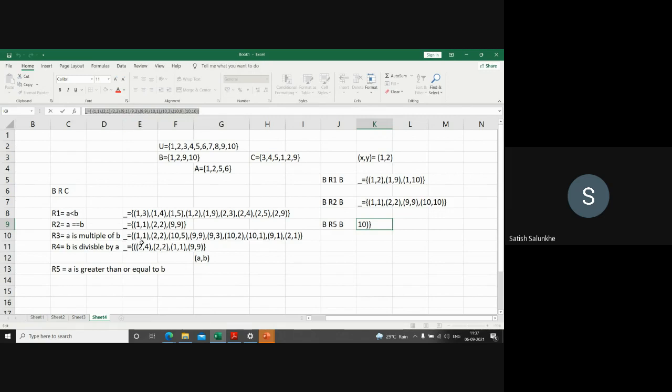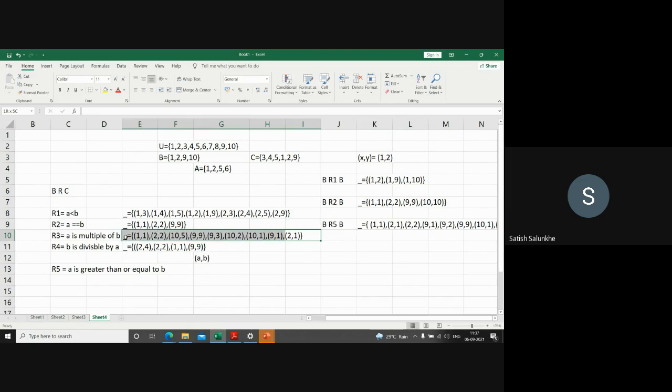All right. So coming back, let us take this example, R3. Tell me now whether this relation is transitive or not.